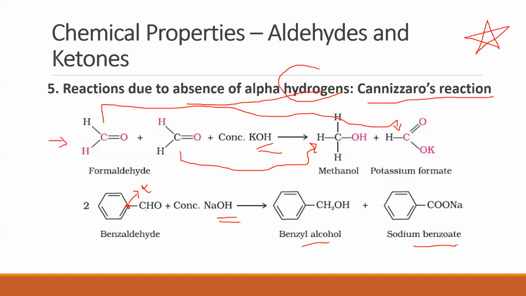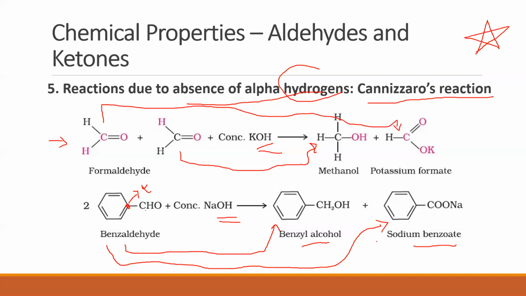Even here you can clearly observe one of the moles of benzaldehyde is undergoing reduction to give alcohol. Another mole is undergoing oxidation to give the sodium salt of benzoic acid. Clear? Hence, justifying that this reaction is disproportionation reaction.